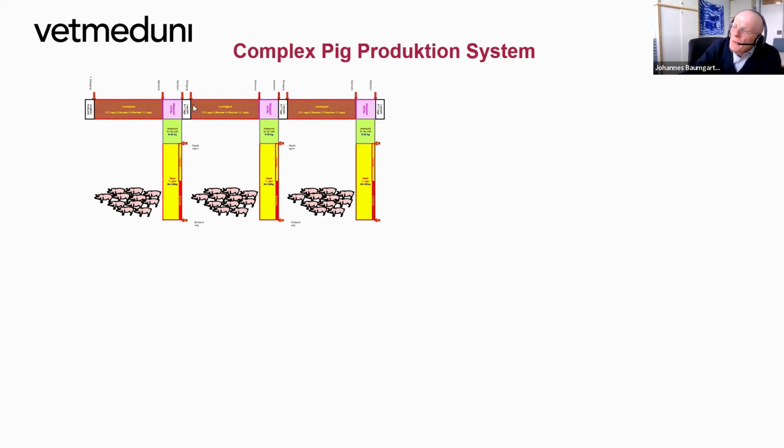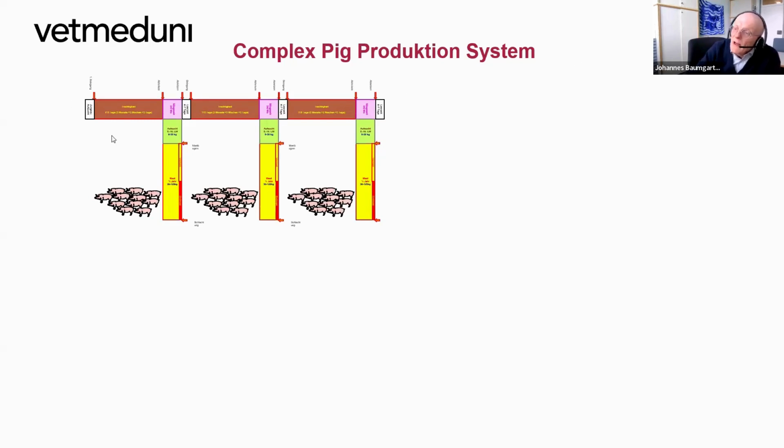And then the piglets are separated from the sows, which is called weaning. And after weaning, it takes about 1 week until the sow comes in heat again, so can be mated and inseminated again, and then the cycle starts again.